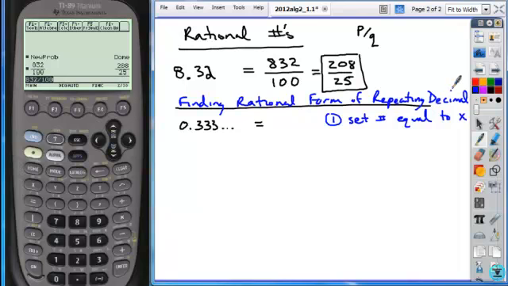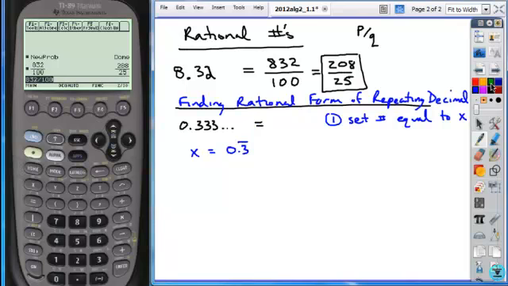You take the repeating decimal number you're given and set it equal to x. I'm going to write my x on the left just because it's easier that way. Notice I'm only going to write the digits that are repeating. So if I only have a single digit repeating, I'm just going to write the 3 one time.